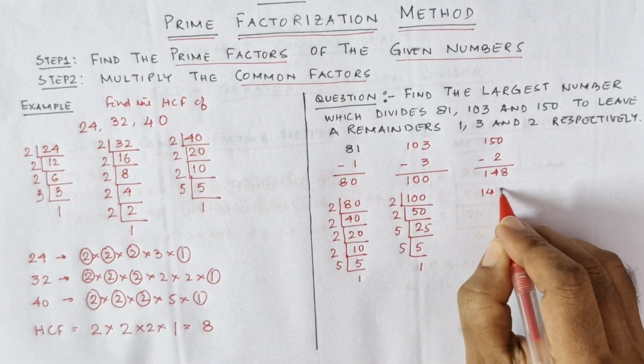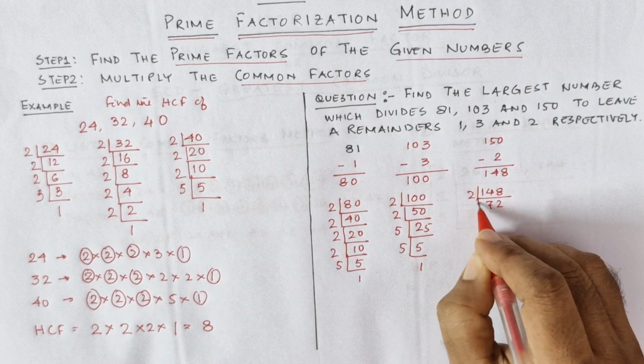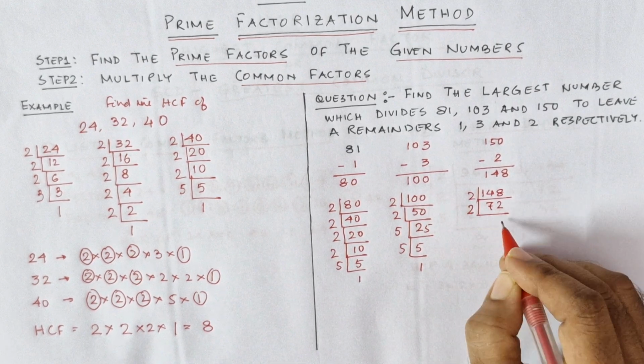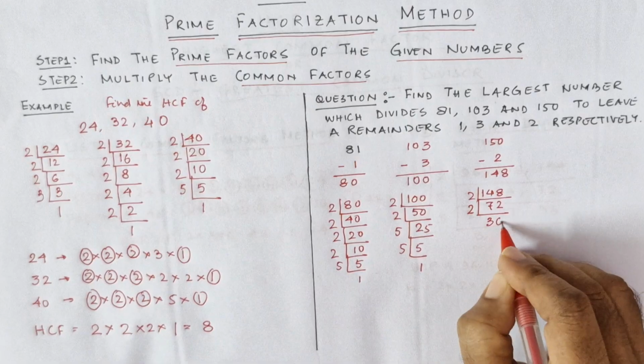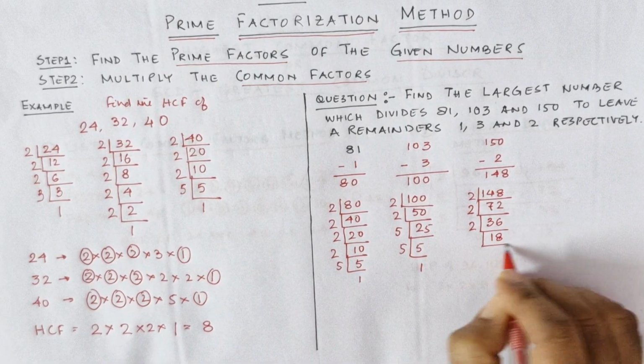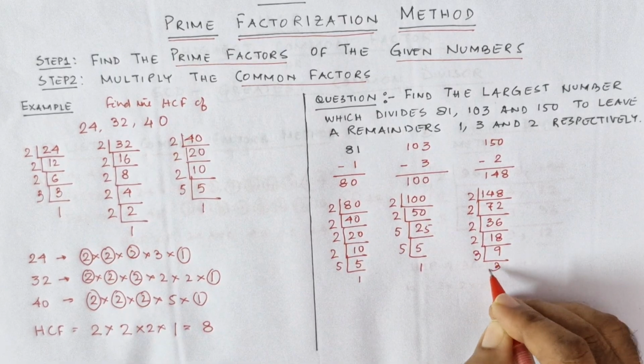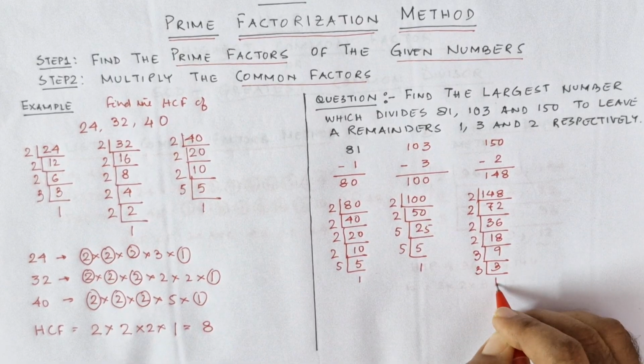For 148, start with 2, 74 is the quotient, stick with 2, 37, and so on until the factorization ends.